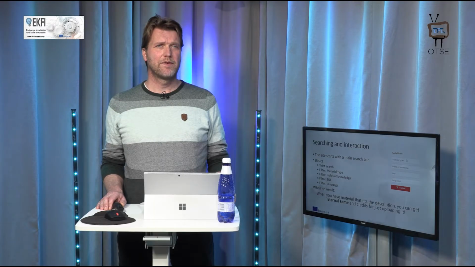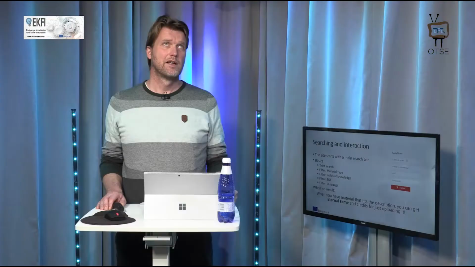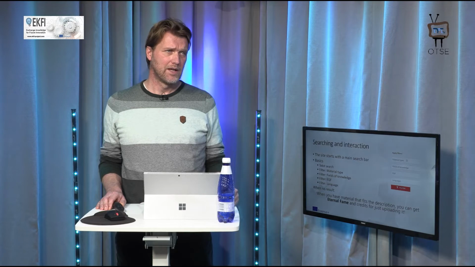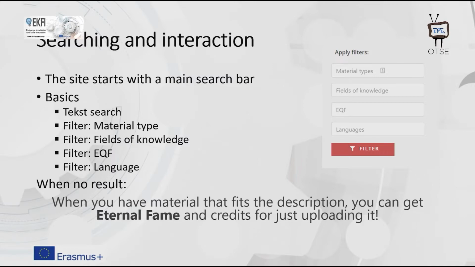You can also apply filters. So when you're searching for a specific type of material, you can add the material type, so a textbook or your fields of knowledge. You can make sure that all the material you see in the screen is about photography. You can filter on EQF because you only need EQF 3 and 4.